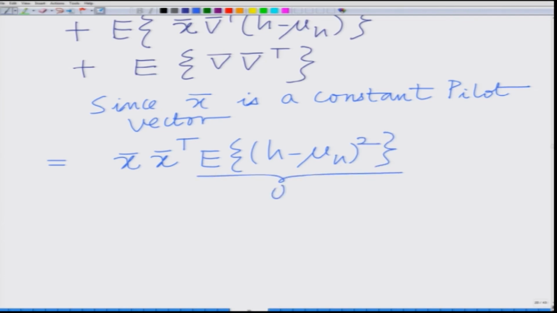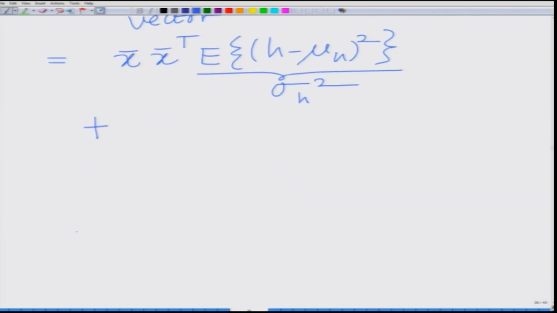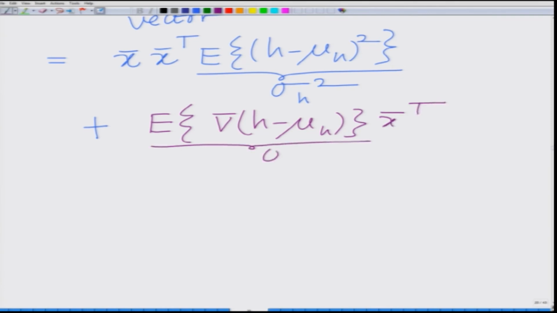We know this is equal to sigma h square plus expected value of v bar into h minus mu h into x bar transpose. We know this is equal to 0.